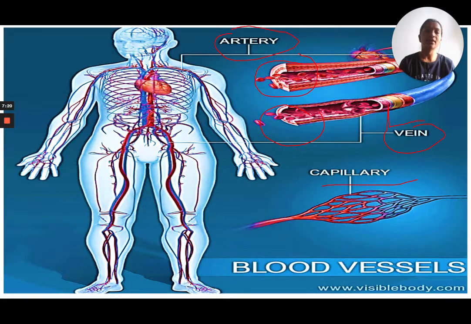Artery is situated deep in the skin, whereas vein is situated superficially on the surface of the skin. And the capillary is situated in the terminal of artery and vein. The structure clearly gives us an idea, as it has a half red portion and half blue portion.